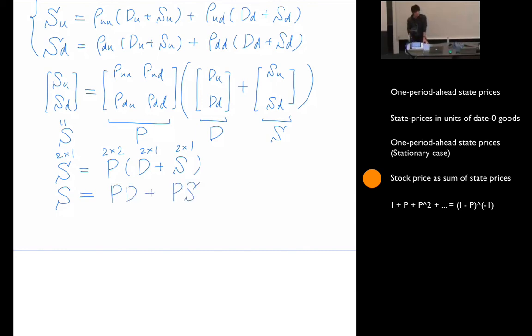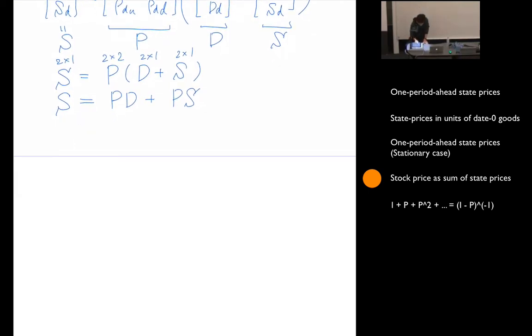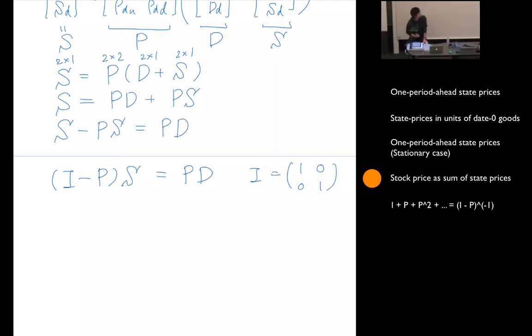Our goal is to find S. So S minus PS equal PD, and therefore (I minus P) S equal to PD. Here I is the identity matrix, 1, 0, 0, 1.